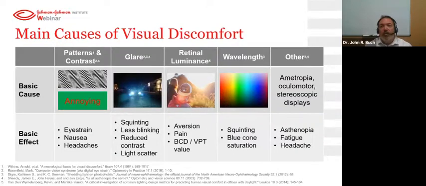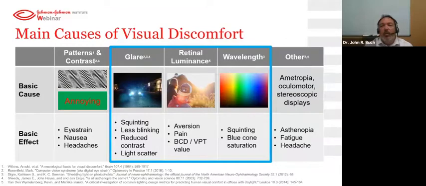Then finally, uncorrected refractive error, eye muscle imbalances, looking at stereoscopic displays, that can also cause asthenopia, fatigue, and headache type of symptoms. Now, what I'm going to more concentrate on is what I just boxed there in blue, because at J&J, we are able to influence most of these items, really thanks to new technology.